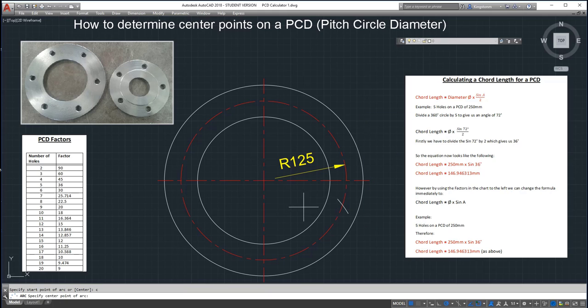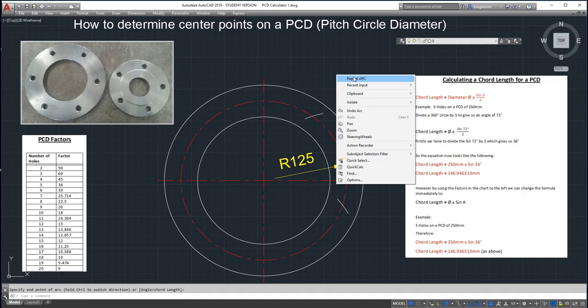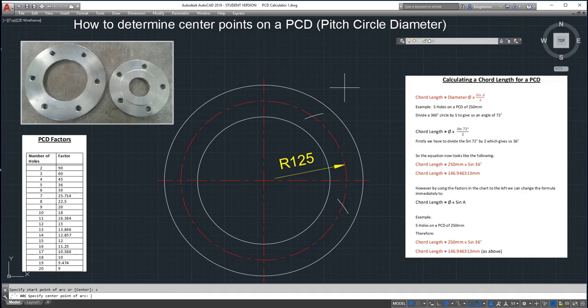It's a bit slower for me on here using this method, but I need to demonstrate it for you. So just putting these lines in here, another one, center again, coming over here, 146.946313, pushing enter, drawing the next one.